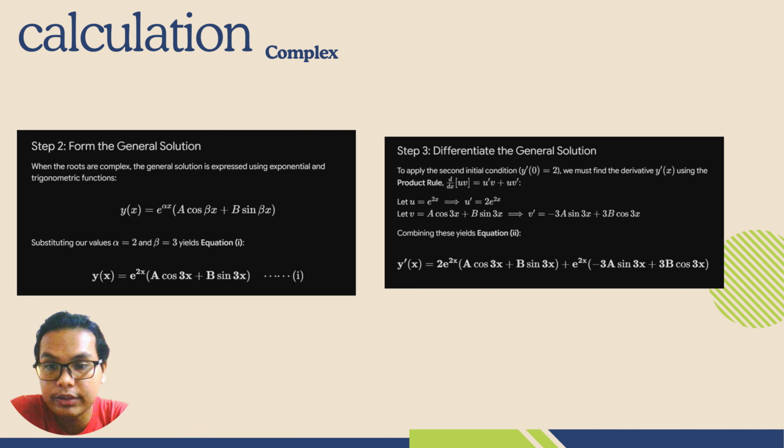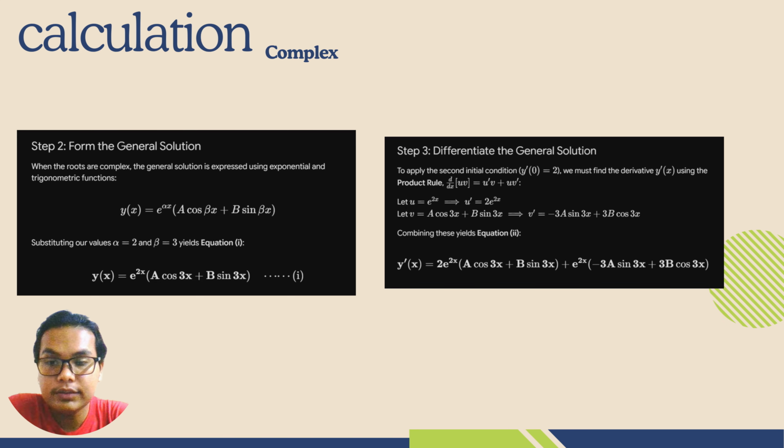So we are going to substitute the values that we got before, alpha equals to 2 and beta equals to 3. So we will put the values in the equation, which will be y(x) equals to exponent power of 2x times a cos 3x plus b sin 3x.